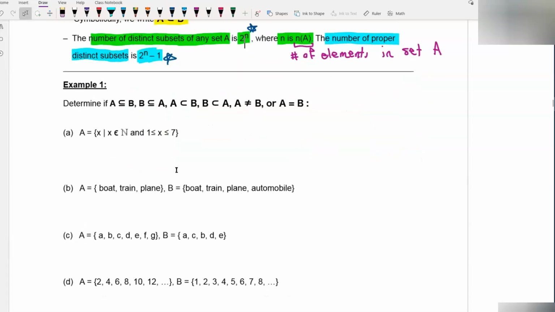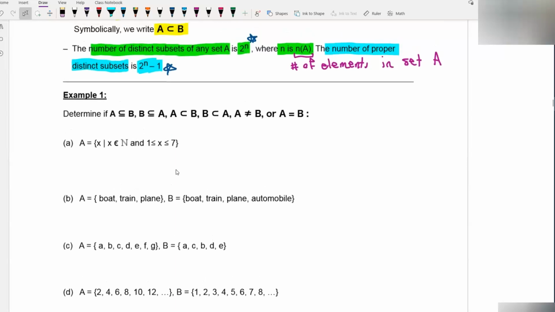Now example 1: determine if A is subset of B, B is subset of A, A is proper subset of B, B is proper subset of A, A is not equal to B, or A is equal to B. This one, subset.